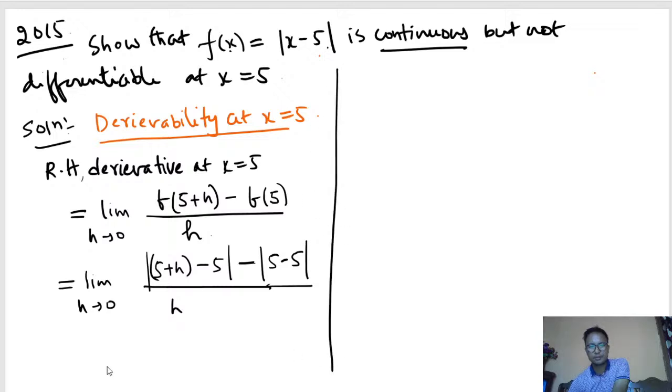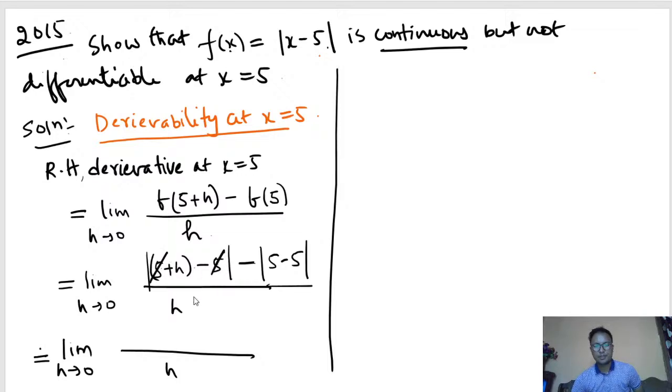Okay. Now, continue putting the values. Now, we have 5 plus h minus 5, the 5 cancels. So, we are left with modulus of h minus 0, over h.